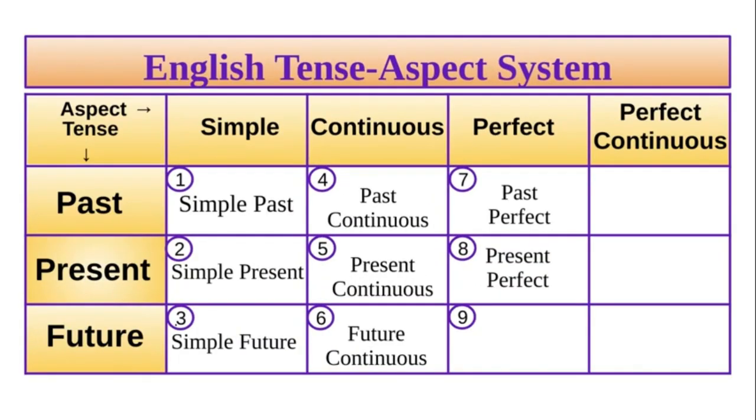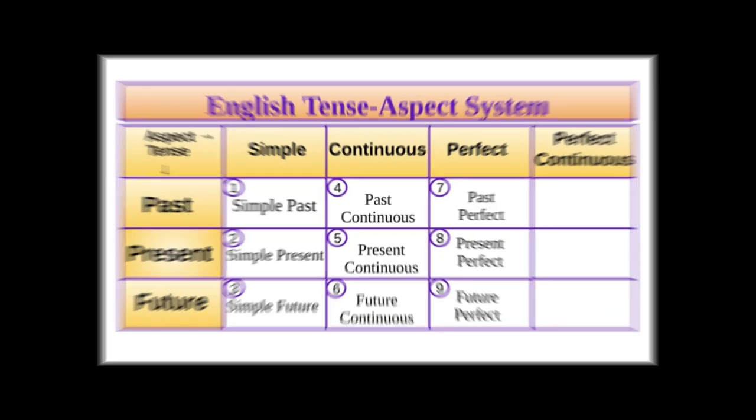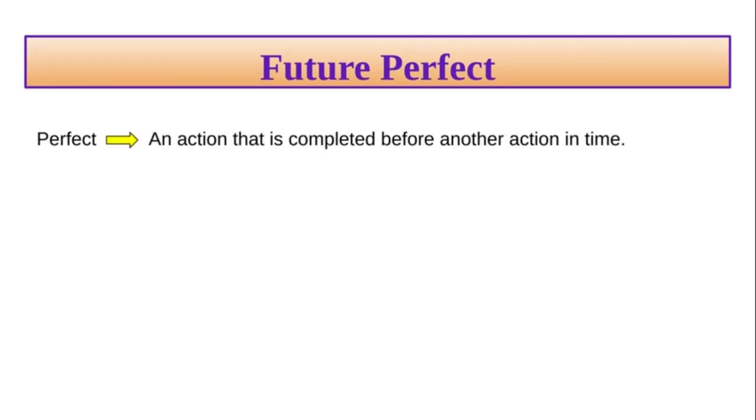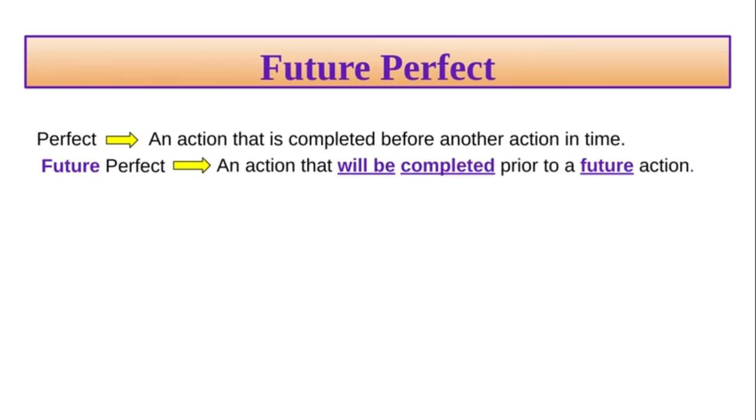The next English tense aspect combination, future perfect. The future perfect. The perfect aspect is an action completed before another action in time. The future perfect is an action that will be completed prior to a future action. To conjugate the future perfect, we're going to use two helping verbs, will and have together, will have.